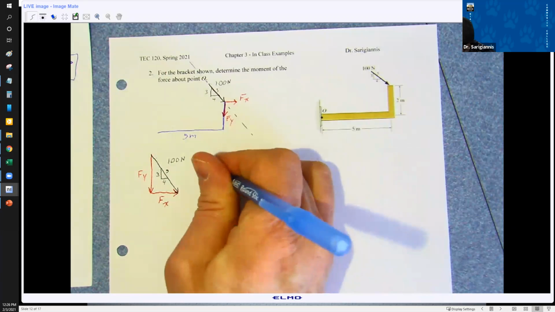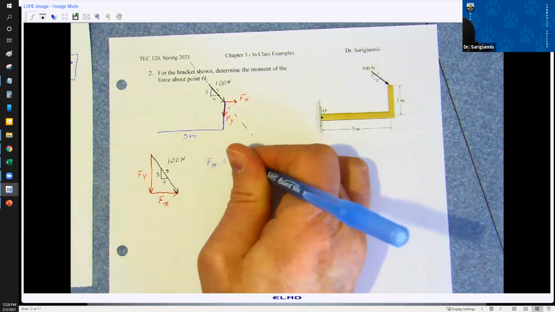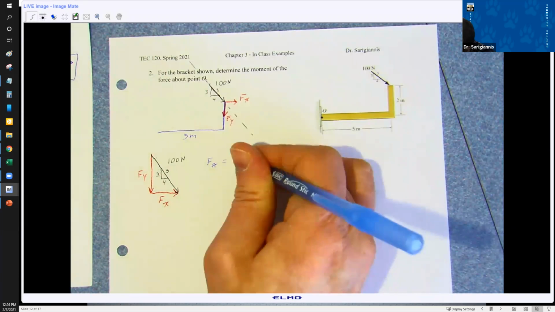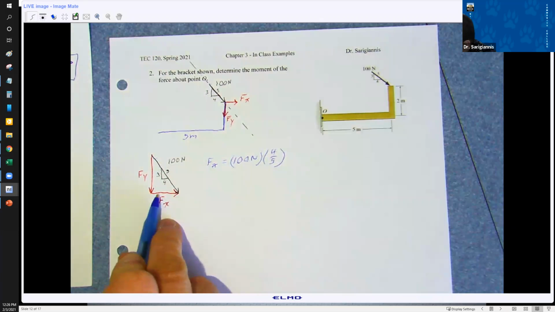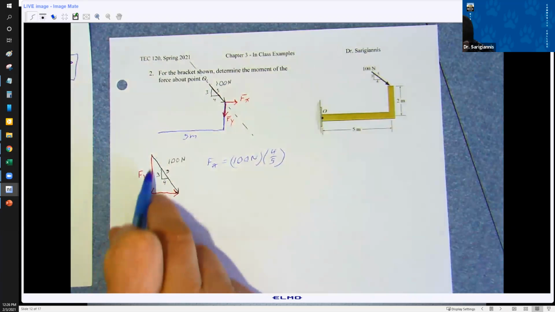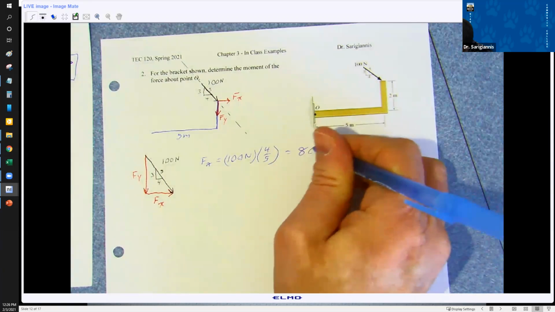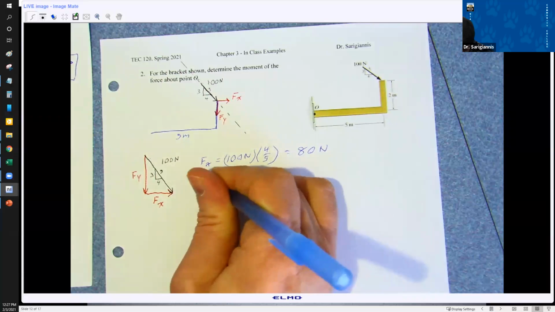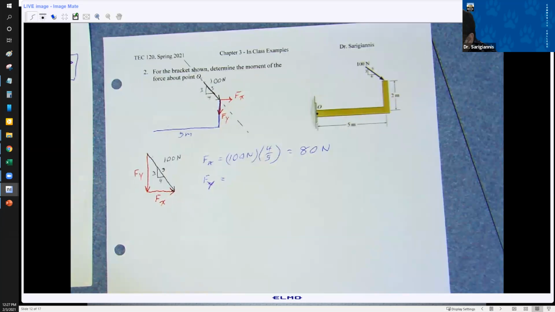So we can just say the x component of force is equal to 100 newtons times 4/5, similar triangle. Again, I didn't draw it so that it looks correct, but that's force y.